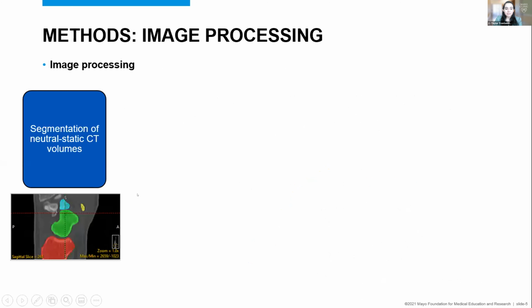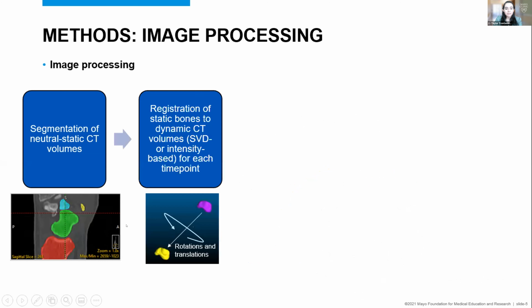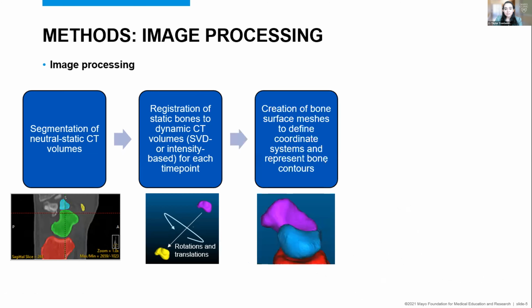For our image processing, we first began by segmenting the neutral static CT volumes of the relevant carpal bones. We next worked to register the static bones to the dynamic CT volumes for each time point in each motion. Next, we created bone surface meshes that we used to define coordinate systems of the wrist and also to represent bone contours.